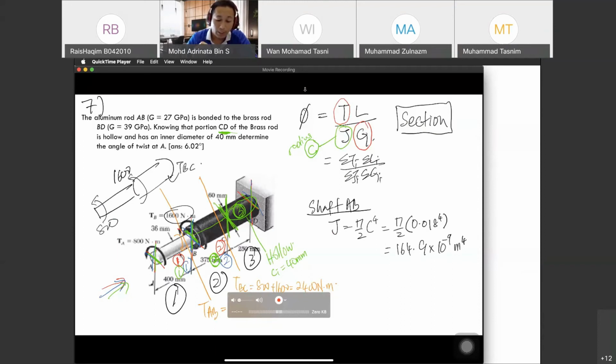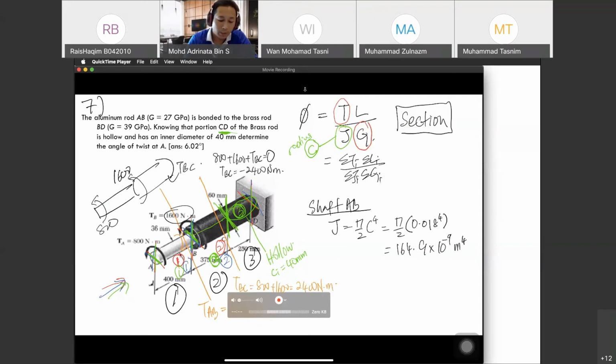Kalau kita cut, kita kena tengok summation of torques is equals to 800 plus 1600 plus TBC equals to 0. And then TBC is equals to negative 2400 Newton meter.